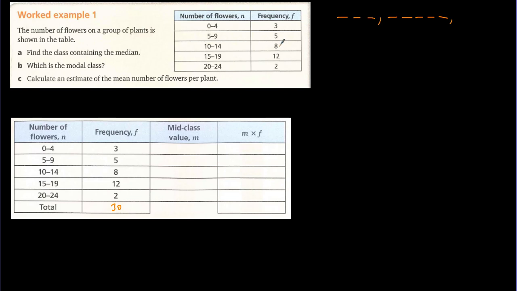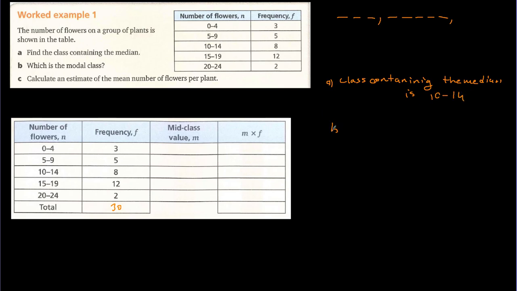So the 16th one is here. The 15th and 16th are in this class, so we cannot find the exact median value, but we know where the median is. So the class containing the median is 10 to 14.